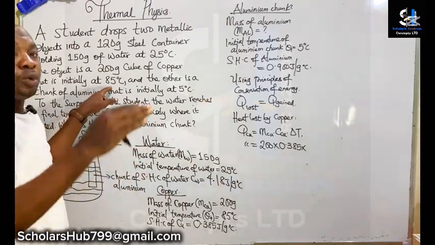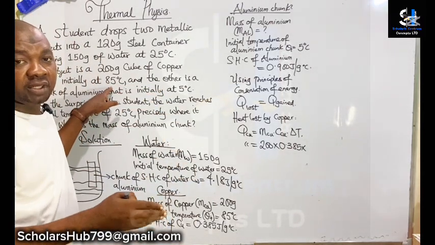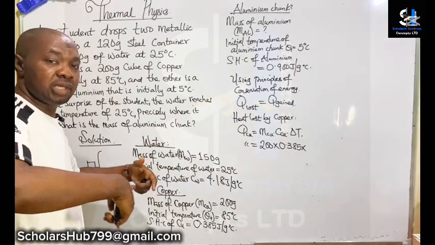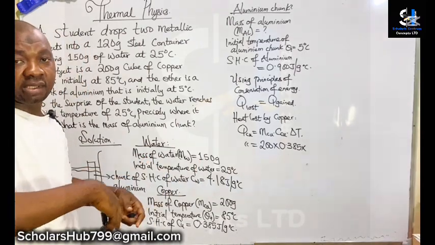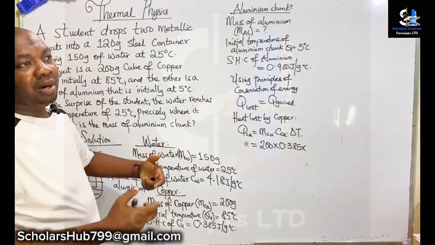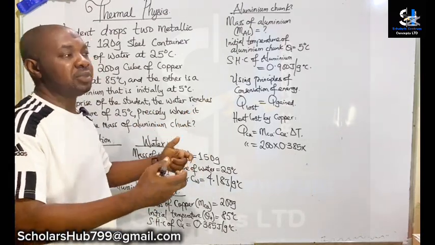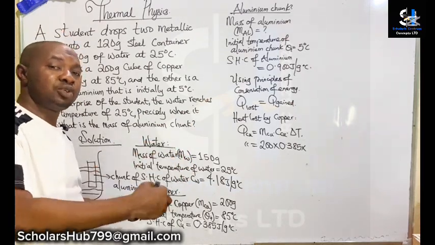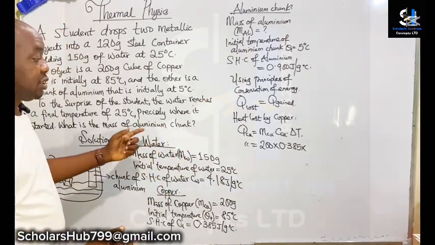The temperature drops to 25 degrees Celsius when the mixture is stirred thoroughly and thermal equilibrium is reached.